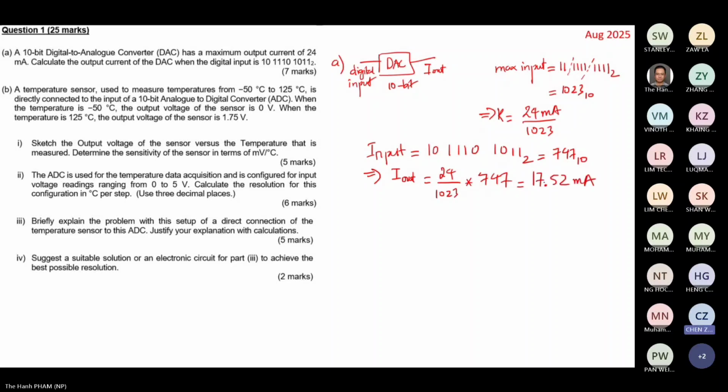Yeah, 17.52 milliampere. So it's quite easy.